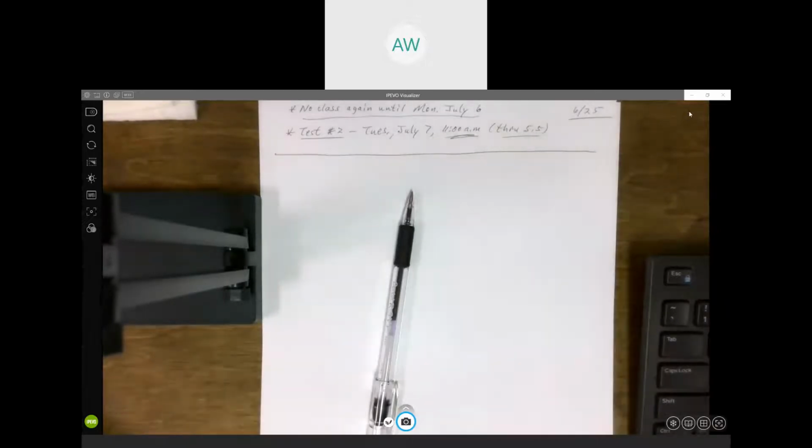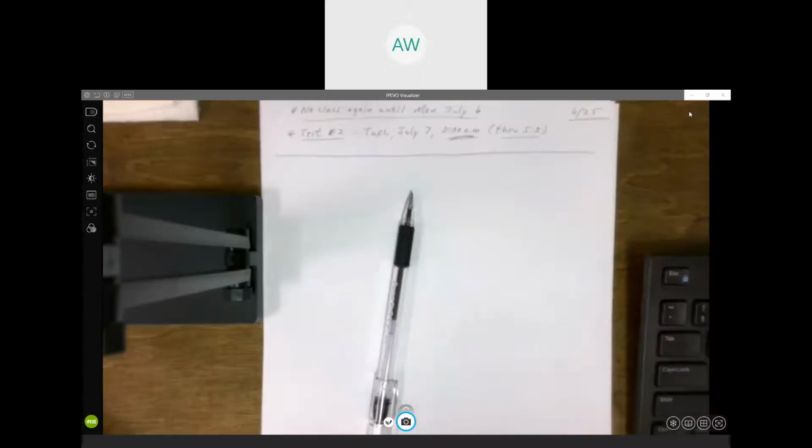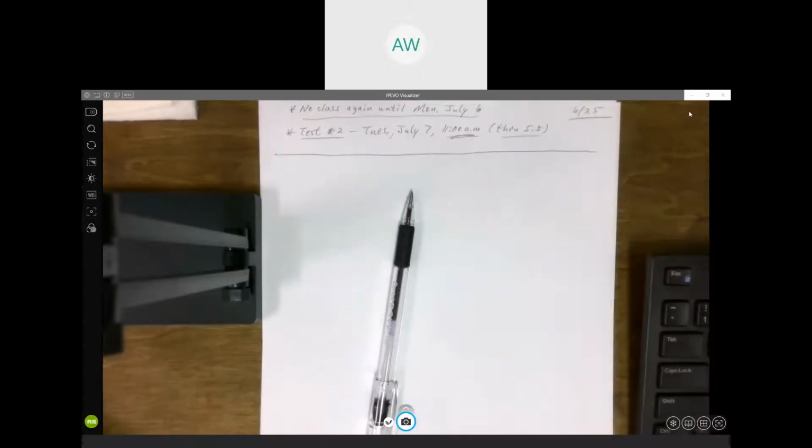So again, the test just goes up through chapter 5. The last thing we did was twisting statically indeterminate members with a circular cross section. Very briefly, at the end of class yesterday, we started talking a little bit about shear and moment diagrams, and that's what we're going to talk about today.